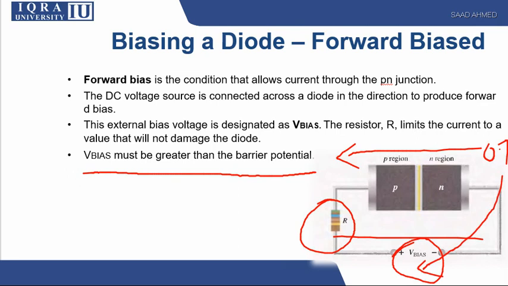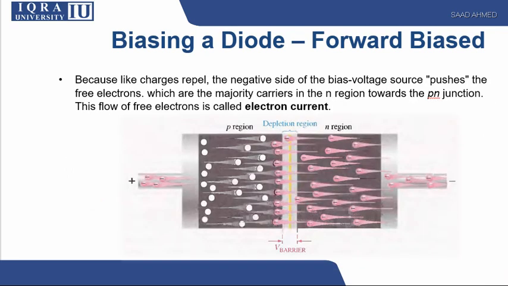If it is less than 0.7 volts for a silicon diode, then it will not allow the current to flow, because the depletion region will not collapse. In the case of a germanium diode, it is 0.3 volts of V bias to forward bias it.